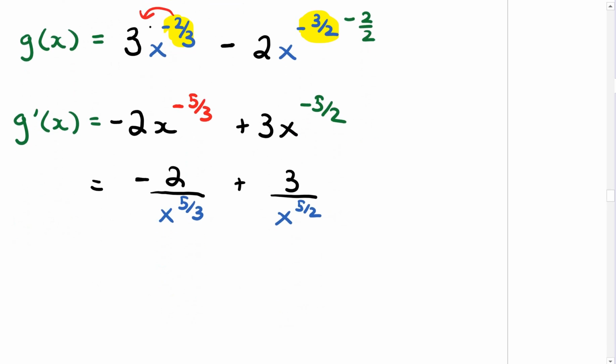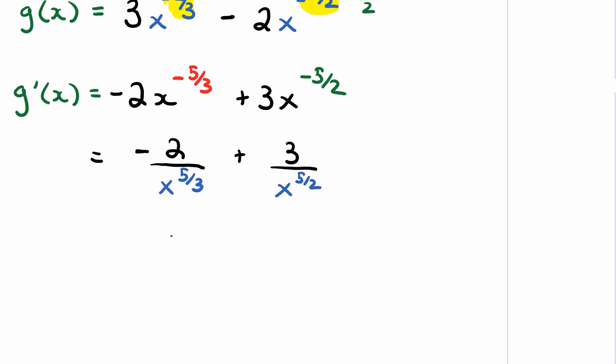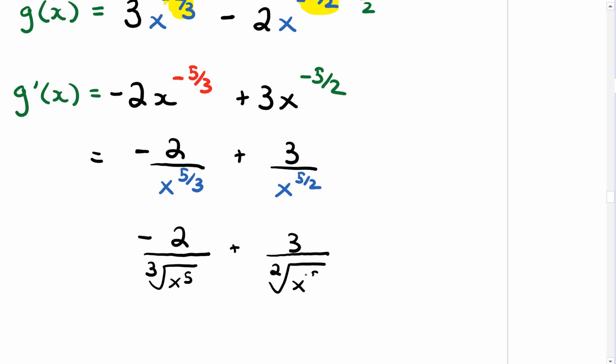You can, but actually, let's go ahead and change it to a radical just for extra practice, right? So this would be cube root of x to the 5 plus 3 over 2 square root of x to the 5. All right, so that's another way of how you can write that particular answer. Okay, but I believe this answer is totally fine as well.